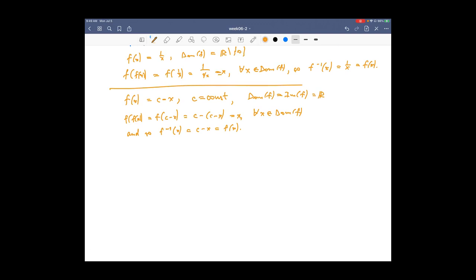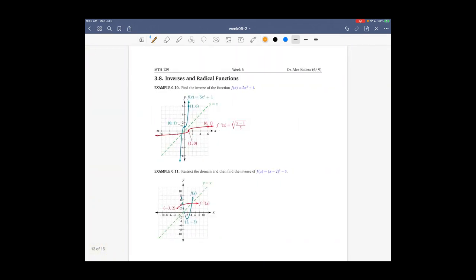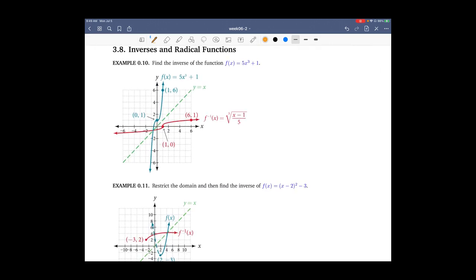Let me show you two more simple examples of finding inverse functions in functions that will involve radicals. Let's start with the function 5x cubed plus 1.